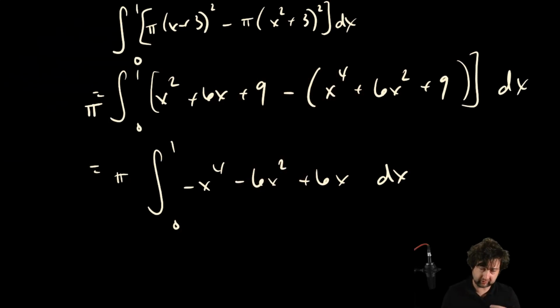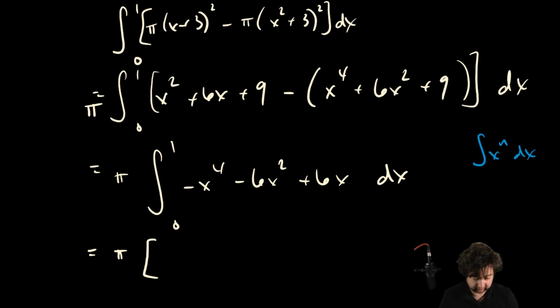All right, to finish this up, integrate the inside using the power rule. Remember that the power rule is that the integral of x to the n dx is x to the n plus 1 over n plus 1, plus c, as long as n is not equal to -1.